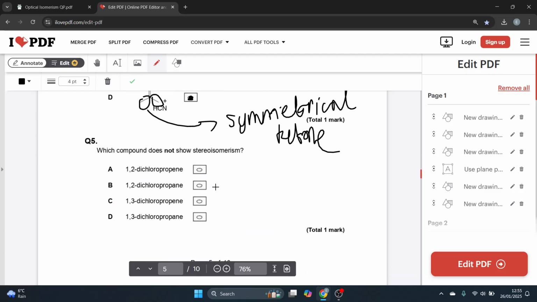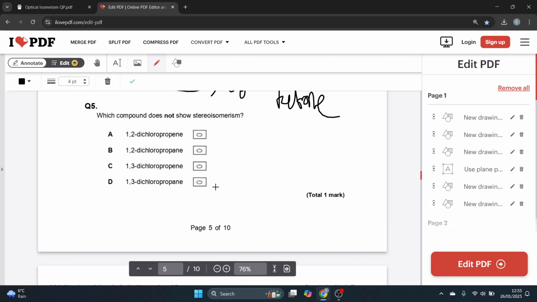Which compound does not show stereoisomerism? 1,2-dichloropropene, 1,2-dichloropropane, 1,3-dichloropropene, 1,3-dichloropropane. So for the first one, A, 1,2-dichloropropene: methane, ethane, propene.